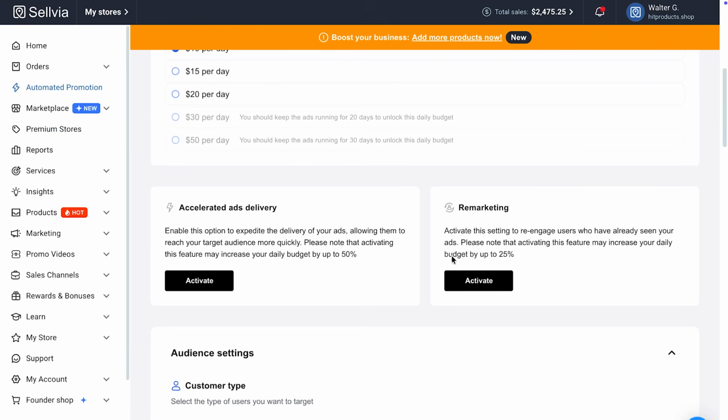And then remarketing. Remarketing is all about hitting people that have already seen your ads. Think about it like this: if you see something for the first time, it gets put in your brain like a little subliminal thing. But when you see it the second or third time, something clicks and you feel like you really want that thing. It's the same idea.